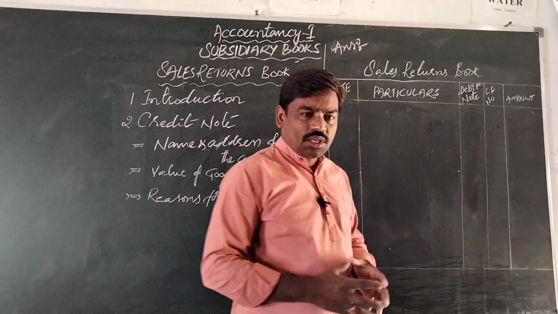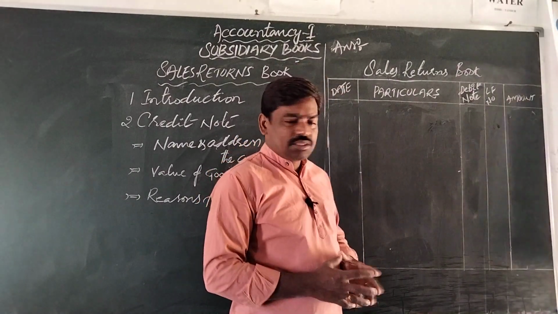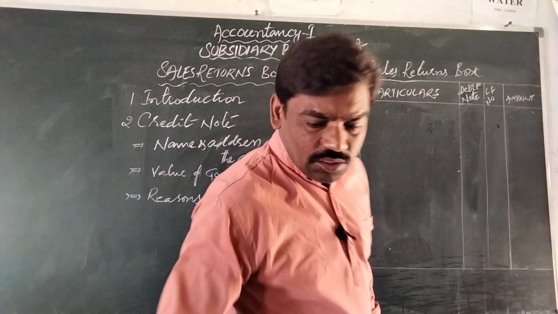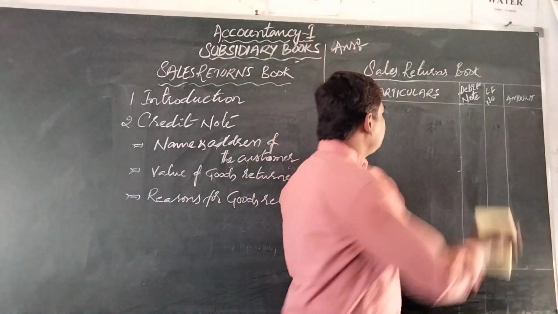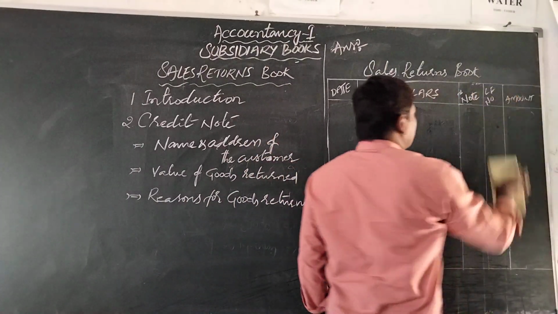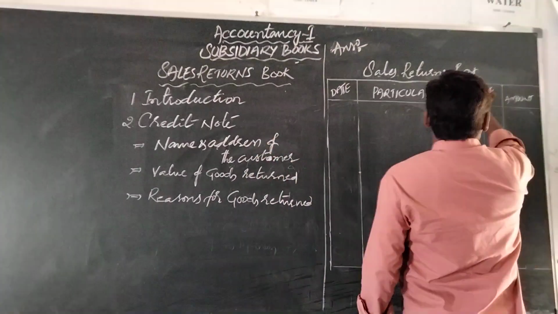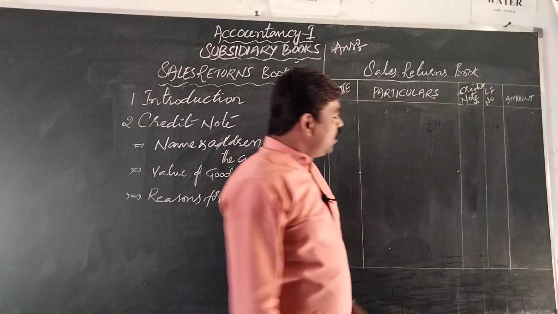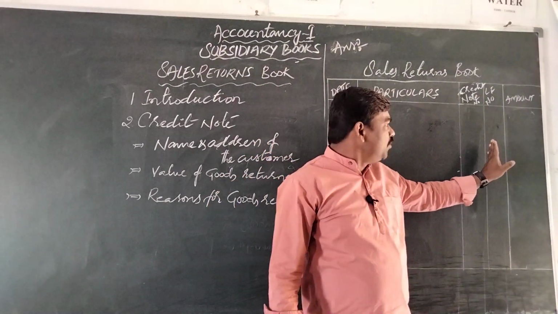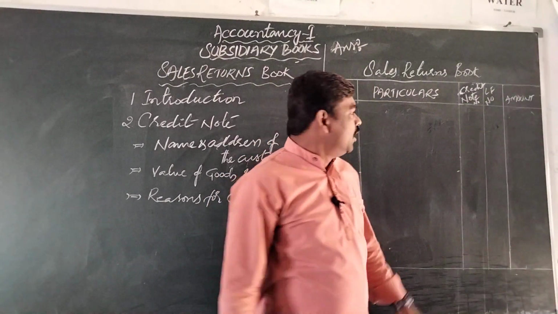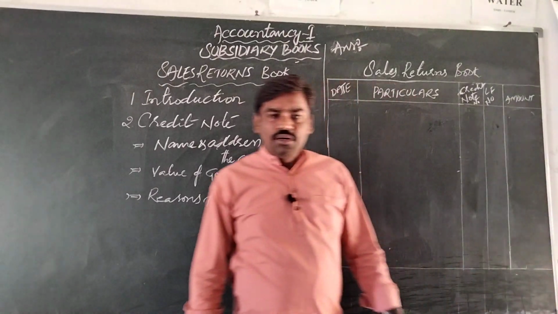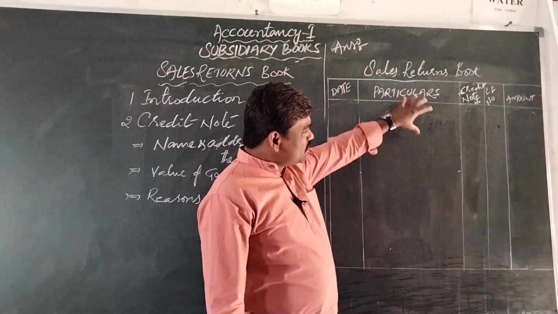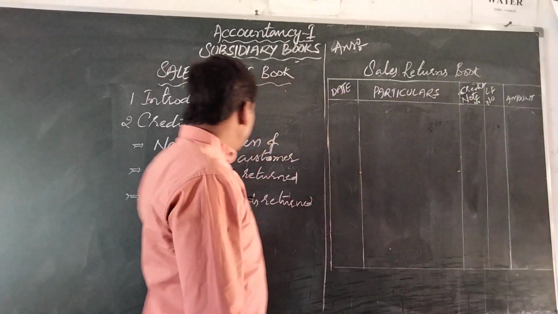The first column is meant for date, the second column for particulars, the third column for writing the credit note number, the fourth column for ledger folio number, and the fifth column for amount. So this is the proforma of a sales returns book.